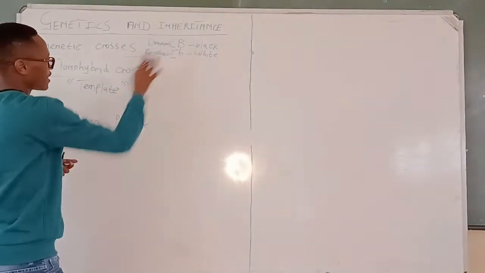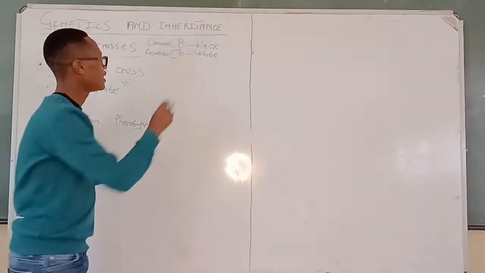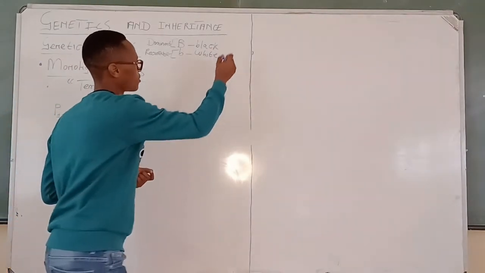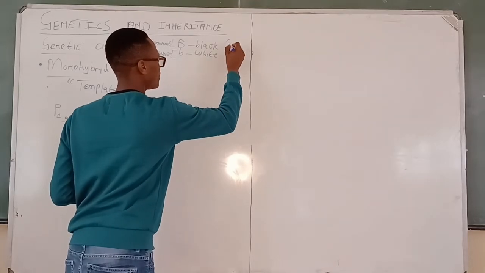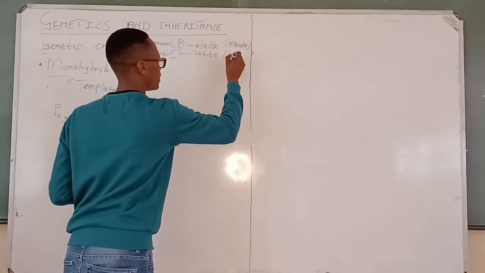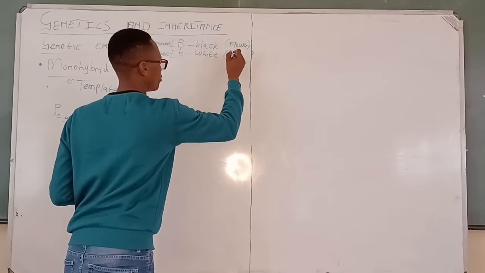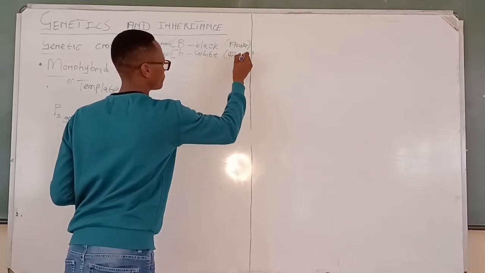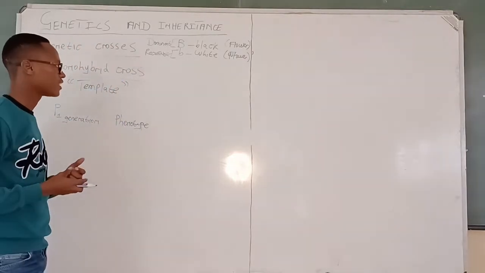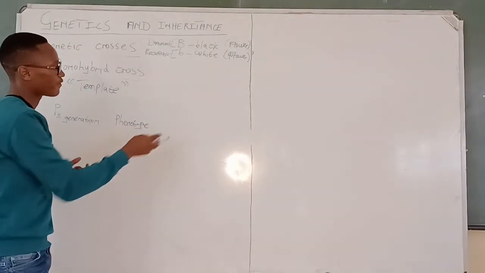So the phenotype is what you see. In our case here, we're going to say that a black flower is crossed with a white flower. So here our phenotype is what? It is black for the first flower.